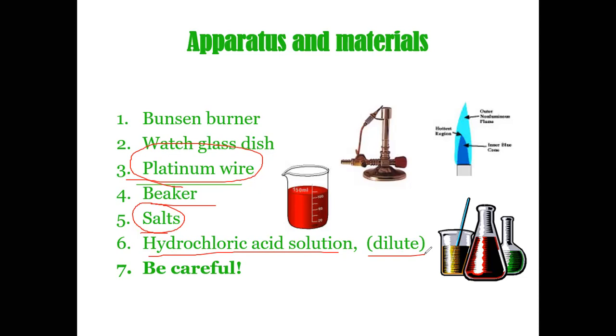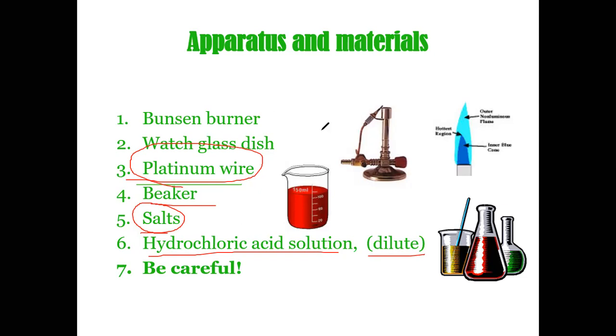So when we use the platinum ware for identification of sodium in sodium carbonate, and if we use the same platinum ware for the identification of copper in copper(II) nitrate, then the sodium can contaminate. That's why before taking another compound in the platinum ware, we need to clean it. So how to clean it?